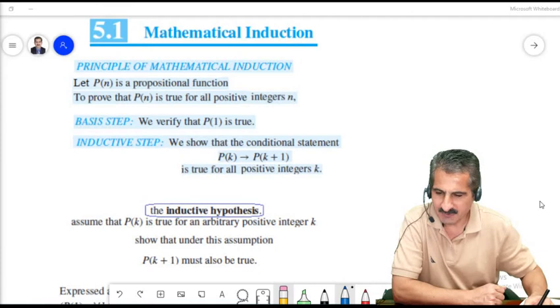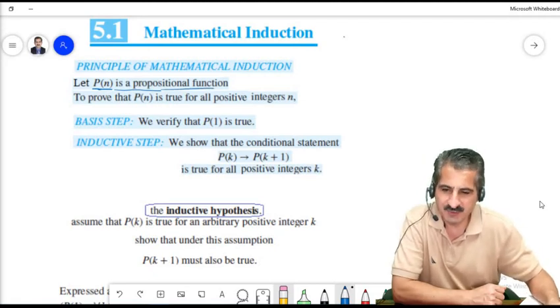If we assume that we have P(n), which is a propositional function, it might be, for instance, the statement that says n is less than 2 to the power n.